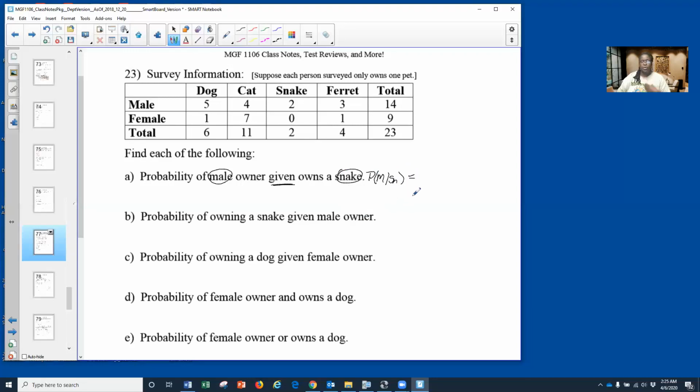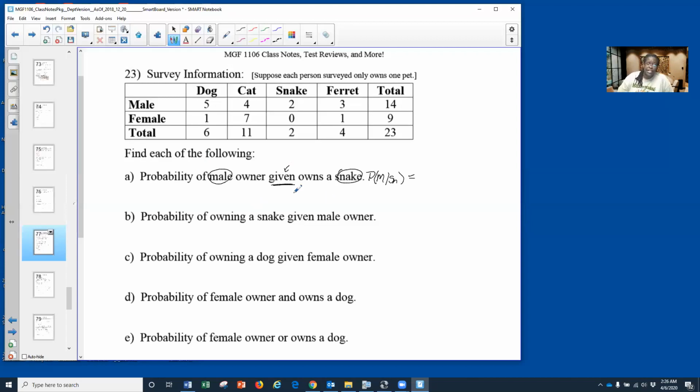When you're setting up this math statement, this word given, okay, tells us that we are only focusing on a specific piece of information in our table. So now if we're looking just for general probability of something, then we're going to use our total number, which would be 23. But here, they're asking us the probability of a male owner given that he owns a snake.